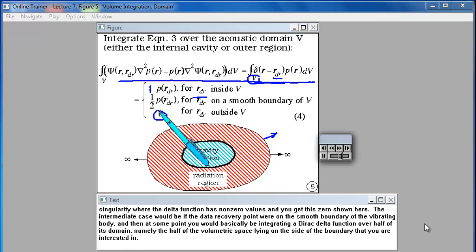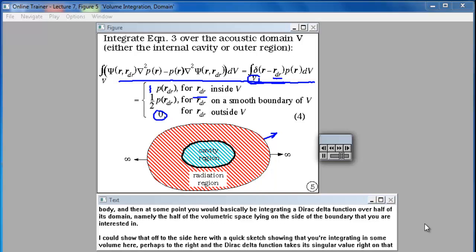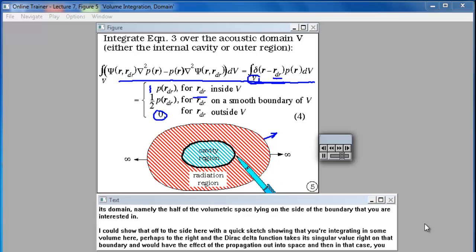The intermediate case would be if the data recovery point were on the smooth boundary of the vibrating body, and then at some point you would basically be integrating a Dirac delta function over half of its domain, namely the half of the volumetric space lying on the side of the boundary that you're interested in.